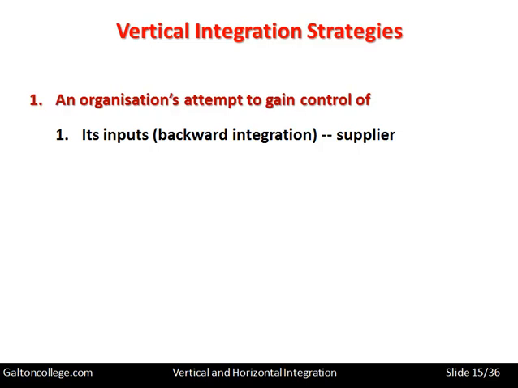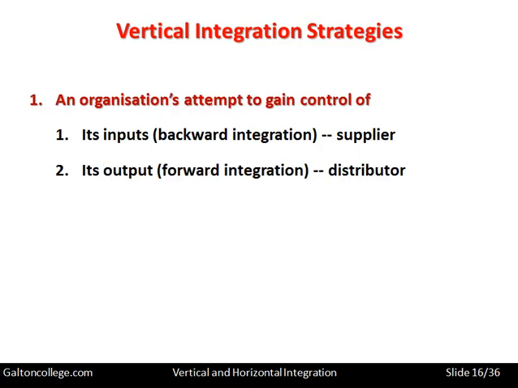So in a sense, it's backward integration. It's going backwards, but it's expanded. It has expanded because now it's got another business. This time the other business is supplying the components, the raw materials or whatever it is that the business itself is using. That's backward integration. So it becomes its own supplier.